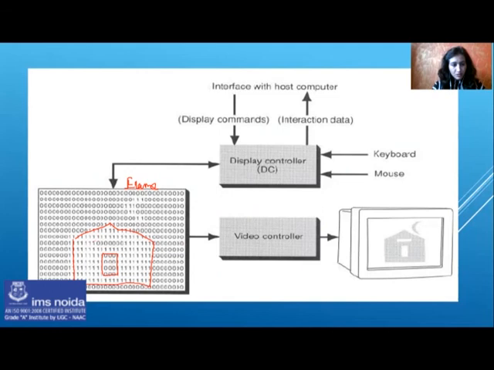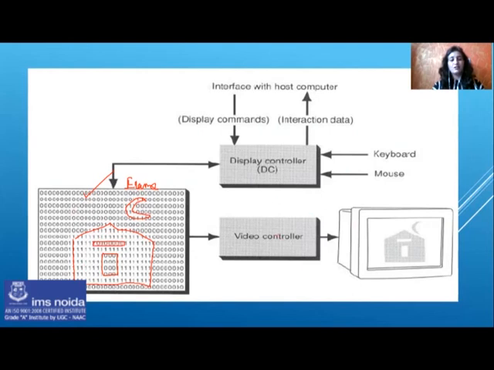As you can see, the pixels with 1 1 1 1 will be displayed, and this area with 0 0 0 0 will not be displayed. From this diagram, the frame buffer concept will be more clear. The frame buffer stores the picture definition in the form of 0 and 1. Only the values which are 1 will be displayed on the display screen.